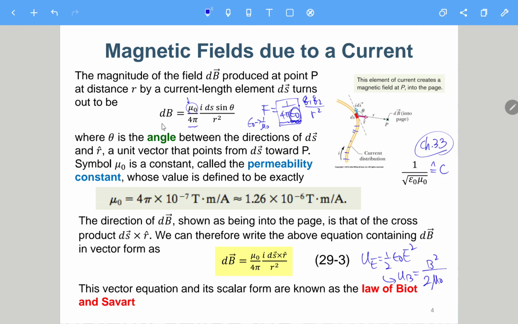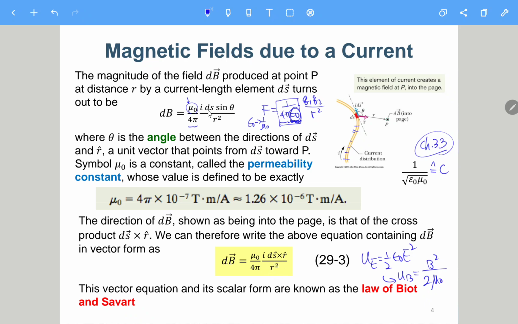If we write this equation in vector form, it will be dB vector equals mu naught over 4 pi, which is just a scalar, so nothing special. I is also a scalar. R squared, just keep it there.